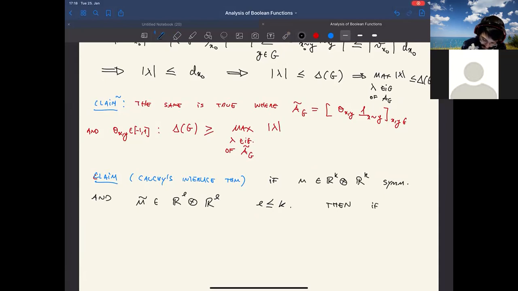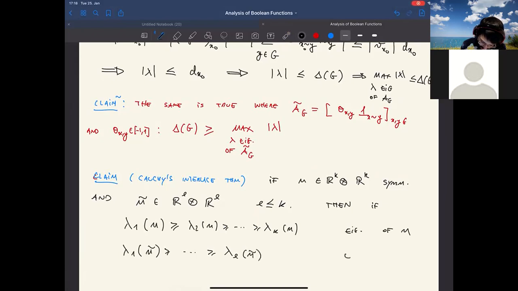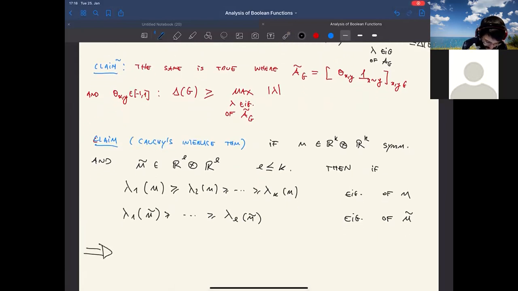then if lambda_1(M) greater or equal lambda_2(M) greater or equal to lambda_K(M) are the eigenvalues of M, and lambda_1(M tilde) greater or equal to lambda_L(M tilde) are the eigenvalues of M tilde, then the interlacing theorem says that lambda_i(M) is greater or equal than lambda_i(M tilde), which is greater or equal than lambda_{i+K-L}(M).